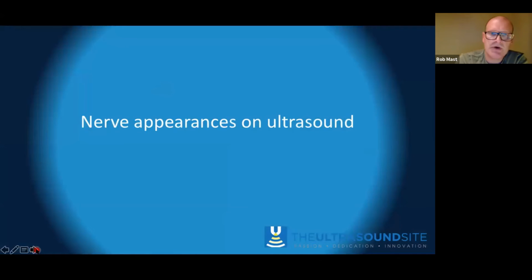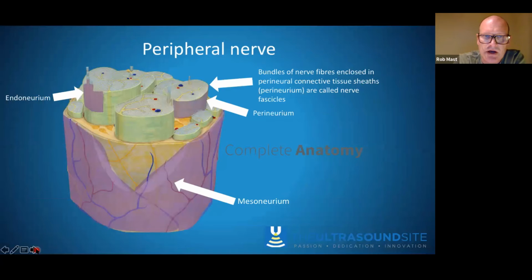Yeah, now we have done that, we go to the nerve. Nerve ultrasound is something that we find very interesting. It's an area that we see quite a lot, and nerves are quite unique structures. So we quickly go through the structure of nerves.